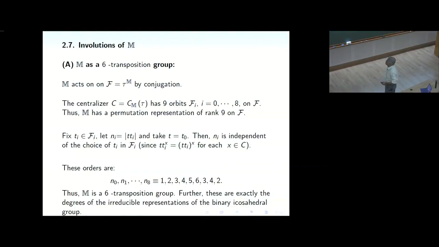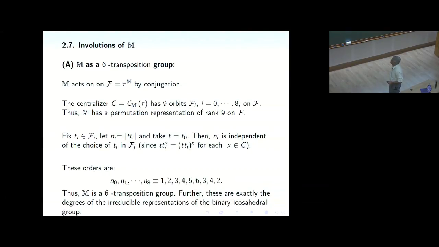You see, this M is a 6-transposition group. What does that mean? It is a group generated by a set of involutions such that the product of any two involutions has order at most 6. These are the Fischer involutions. You look at this conjugacy class of Fischer involutions.